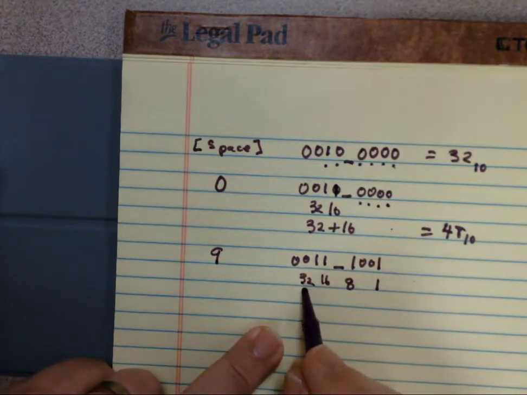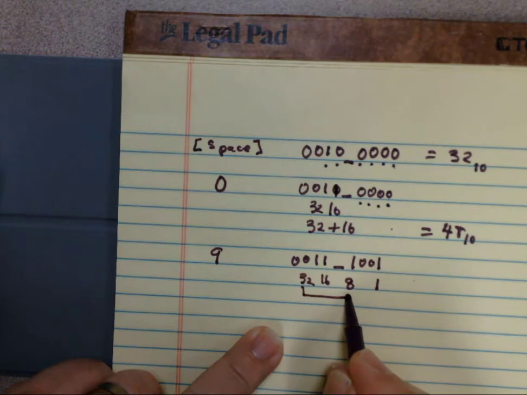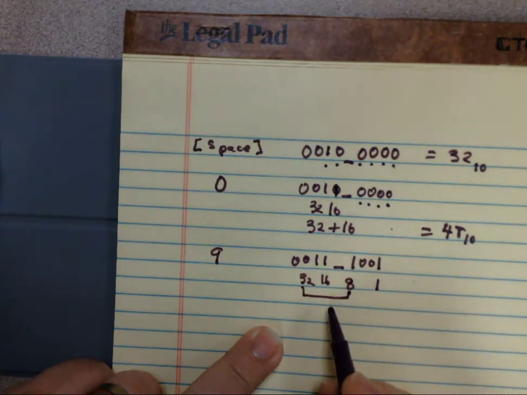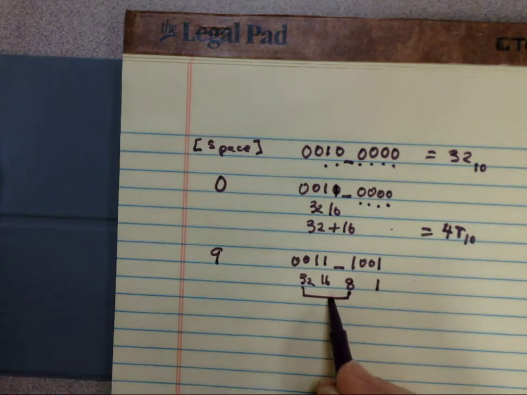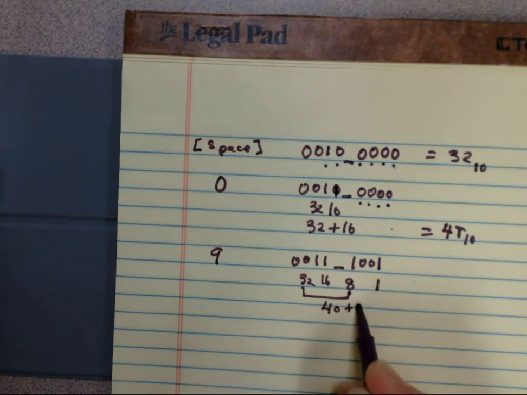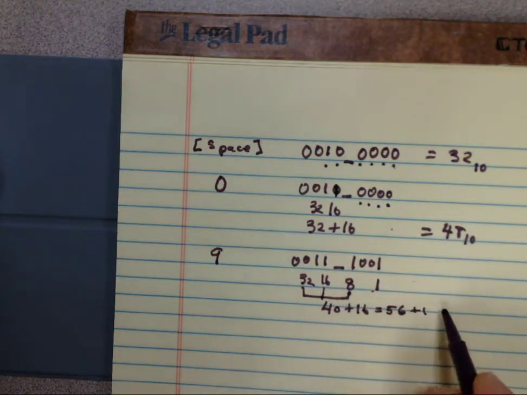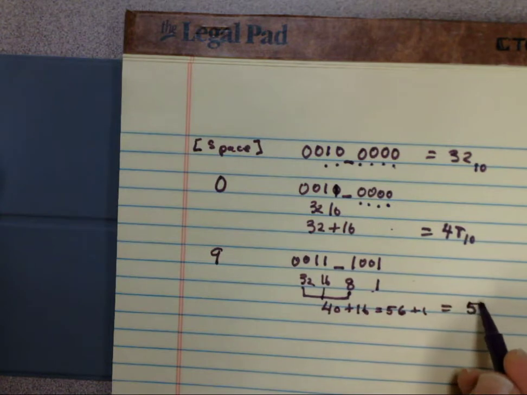I would do 32 plus 8 because the math is easy. That gives me 40. I take 40 plus 16, that gives me 56. And then I add the 1 to it, and so I have 57 base 10.